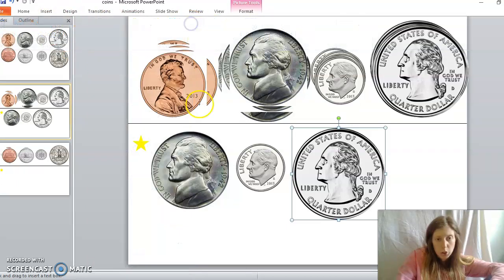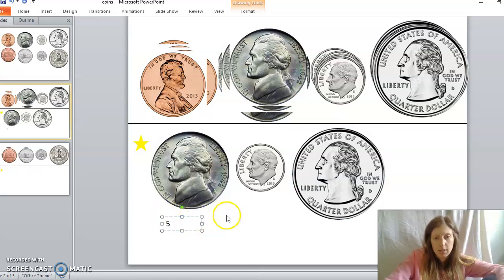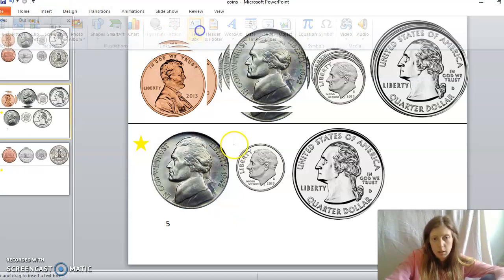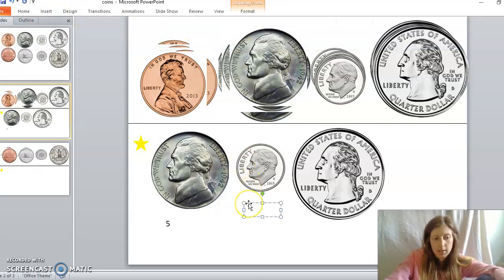You know what? We'll just do this. So this is going to be 5 cents. This is a dime, so it's worth 10 cents.